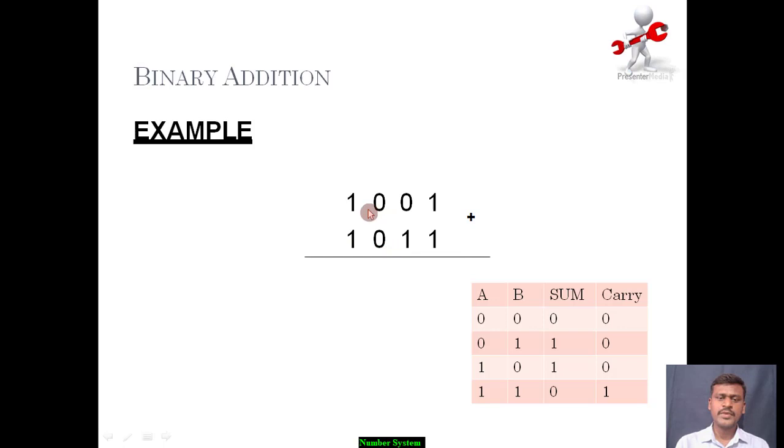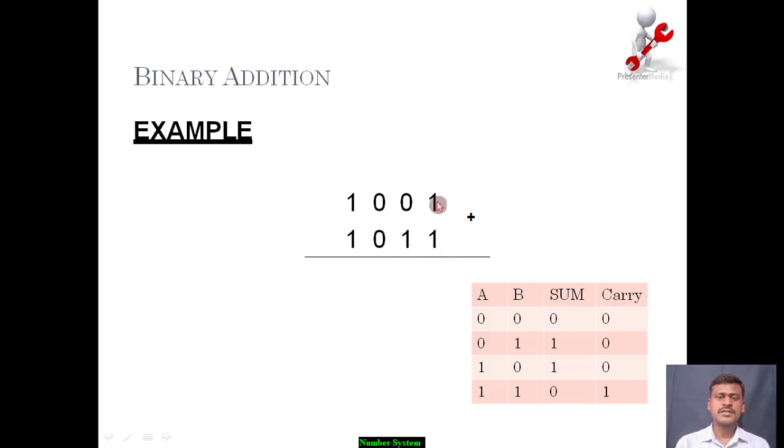We need to add these numbers, or you can call them bits. For your reference, I have taken a table also to make things easy. The first rule is that we need to start adding from the right end of these bits. Right end is this side.